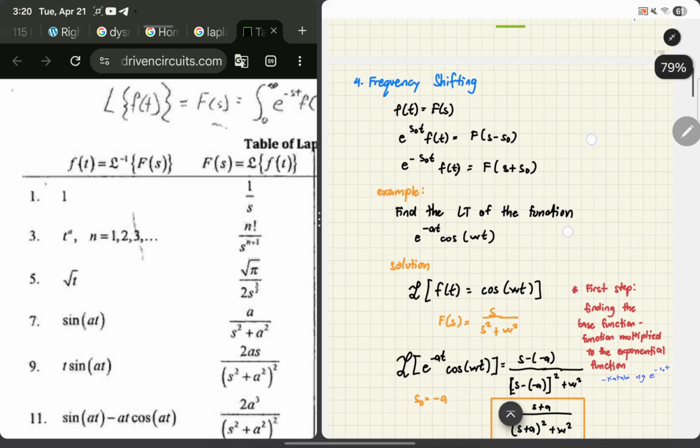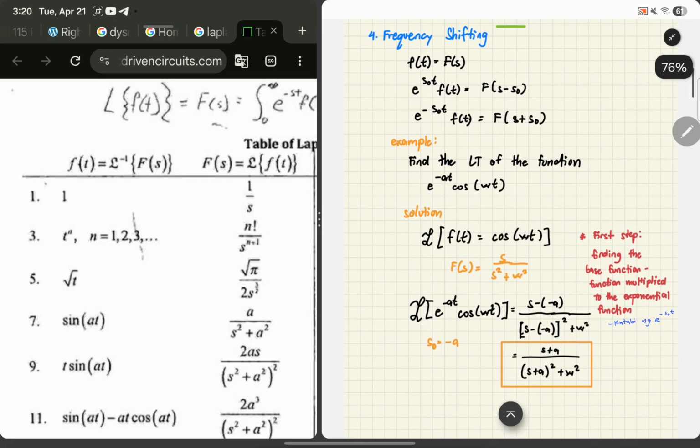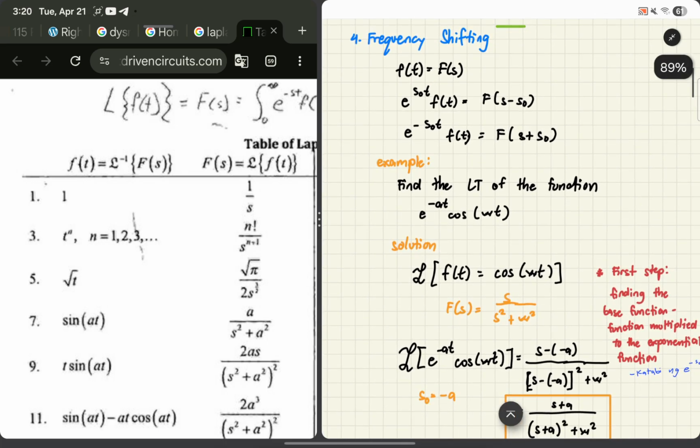Now, for our next, we have the frequency shifting. Now, we are going to use it if we have a function that comes with an exponential function, or e raised to s0 t times f of t is equal to f of s minus s sub 0.